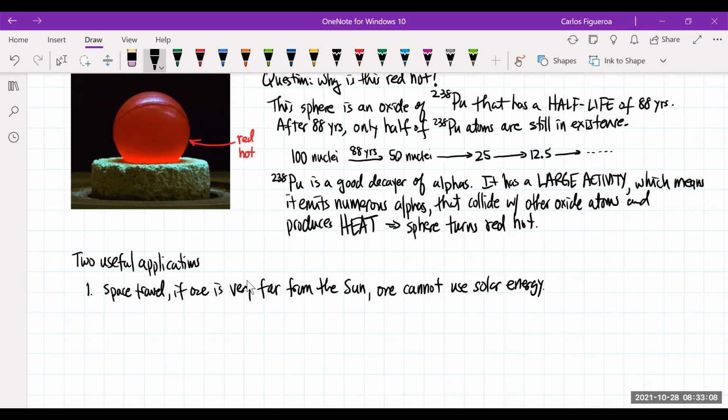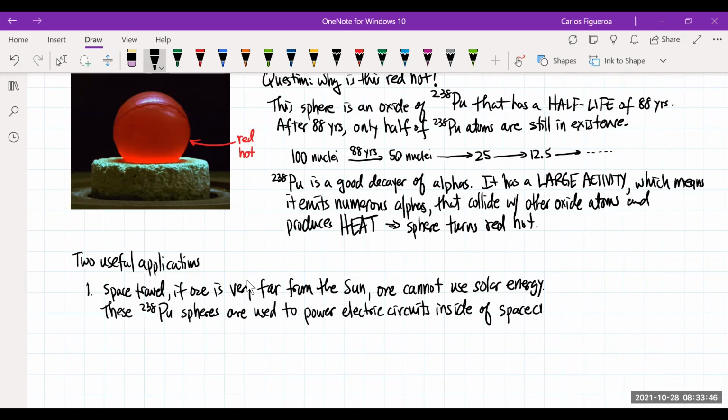So what you find here is that you use these plutonium spheres. So these 238 plutonium spheres are used to power electric circuits inside of spacecraft on long voyages.